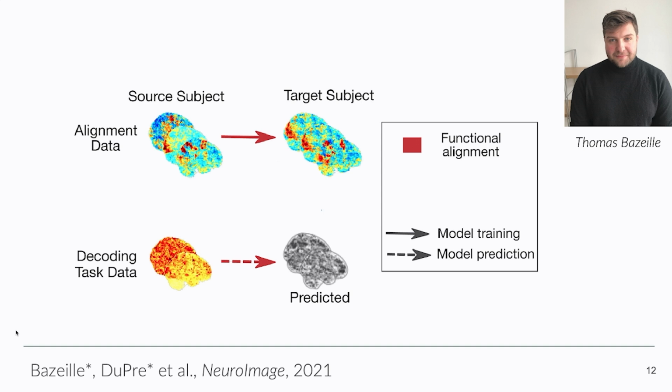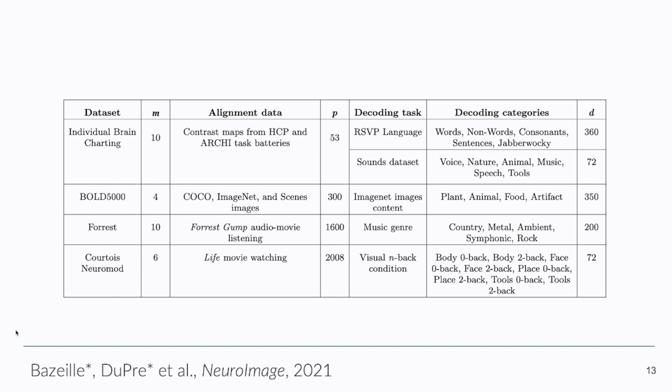Then we had held-out, unrelated decoding task data to which we apply those transformations. And critically, we can train intersubject decoders on both the decoding task data that has the functional alignment applied and the decoding task data that does not have any functional alignment transformation applied, and we can compare differences in classification accuracy, much as Jason just showed.